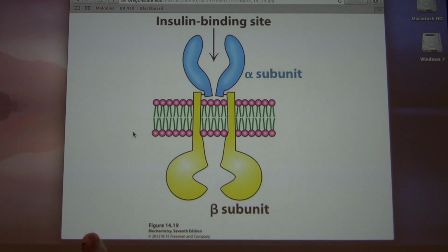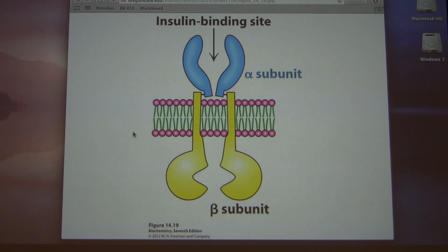Now, the kinases I've talked about so far, remember a kinase means put phosphate onto. The kinases I've talked about so far put phosphates onto serines and threonines. They don't put phosphates onto tyrosines. But I told you when I first talked about kinases that some kinases did put phosphates onto tyrosines. This is the first kinase that we're seeing that puts phosphates onto tyrosines.